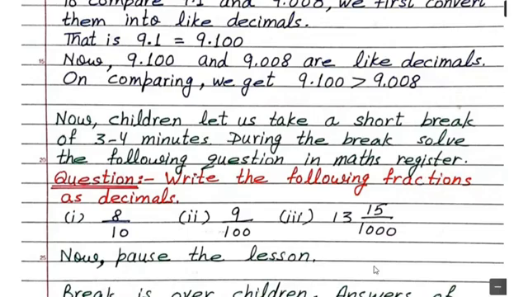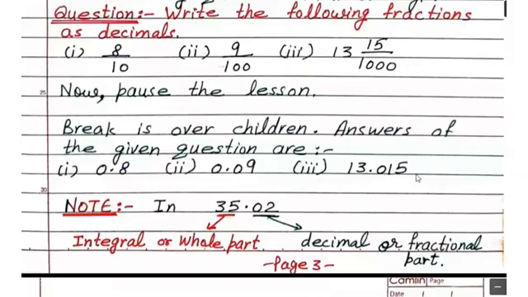Now pause the lesson for 3 minutes. Break is over, children. Now the answers to the given question are, first is 0.8, 0.09, then 13.015.